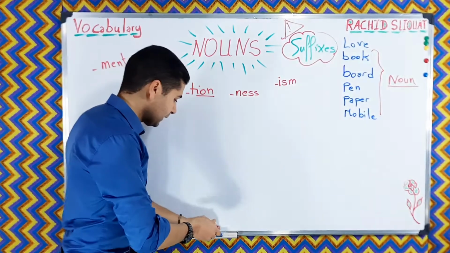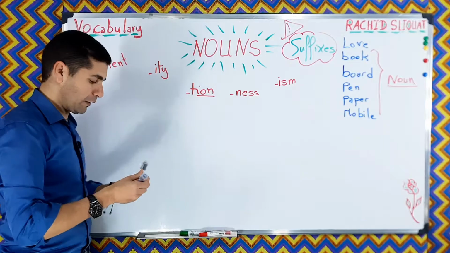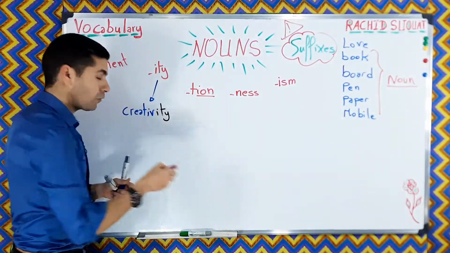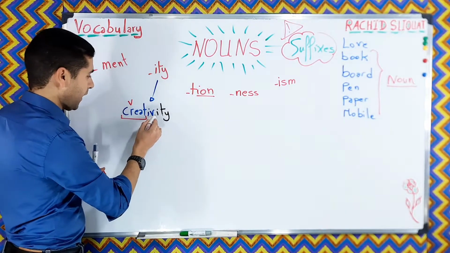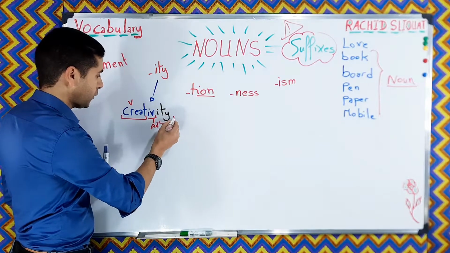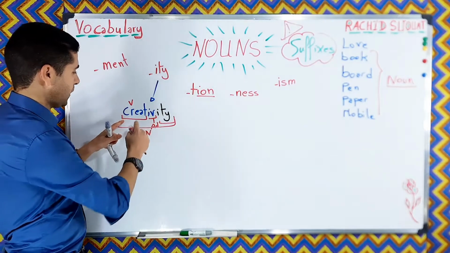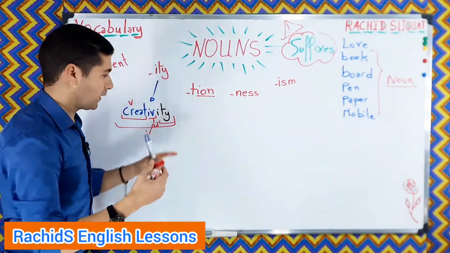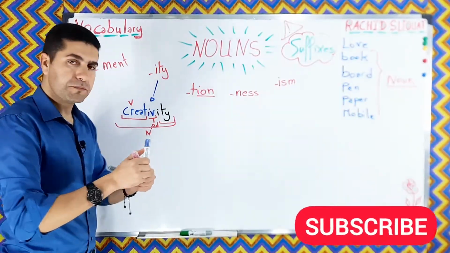All right, now let's start with ety, for instance. We can talk about creativity, right? As you can see, creative is the adjective and creativity, with ety, is a noun, while to create is the verb.